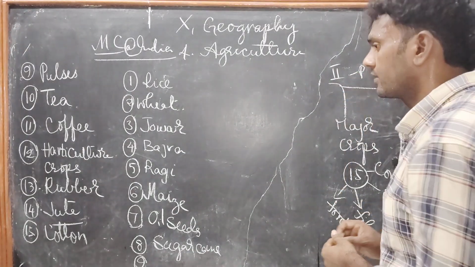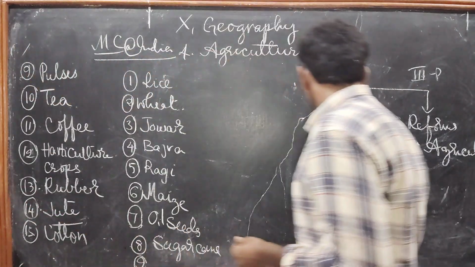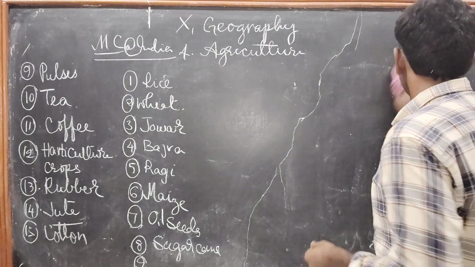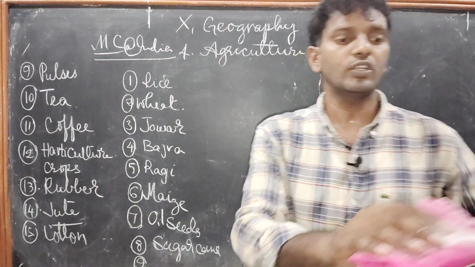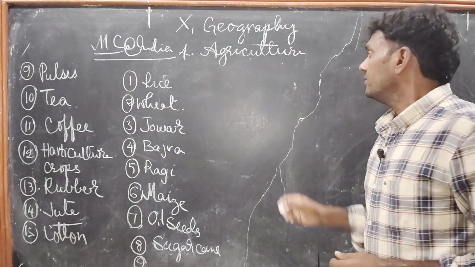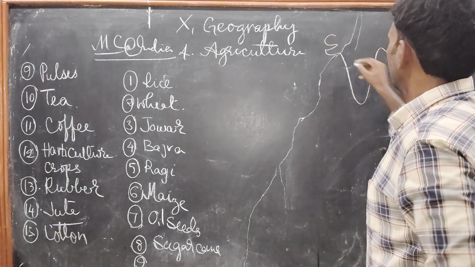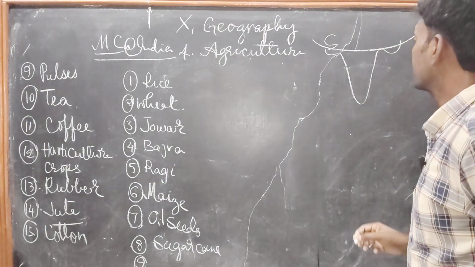Now we are going to discuss the 15 crops. We know India is a diverse country. What kind of diversity do we have?